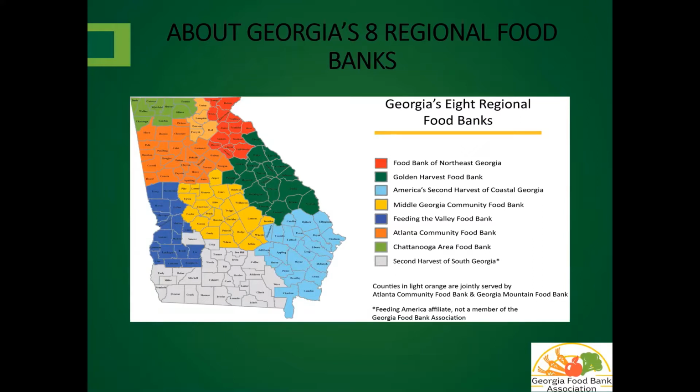Just as a reminder, these are the Feeding America food banks that have agencies that distribute food in every county of the state. And in pre-COVID times, they were distributing about 125 million meals through 2,400 partner agencies and pantries. So right now, we are still strong.